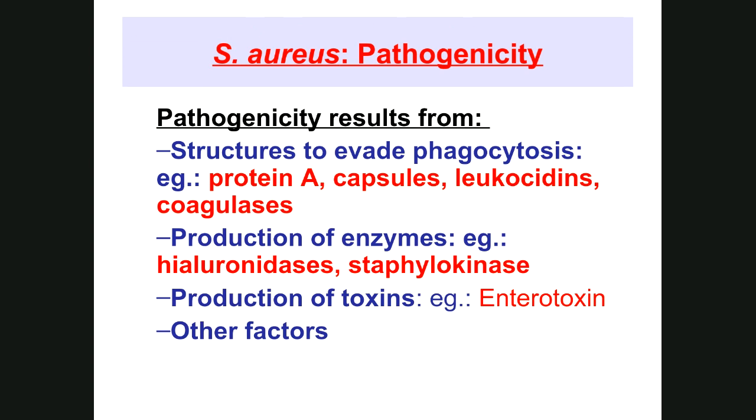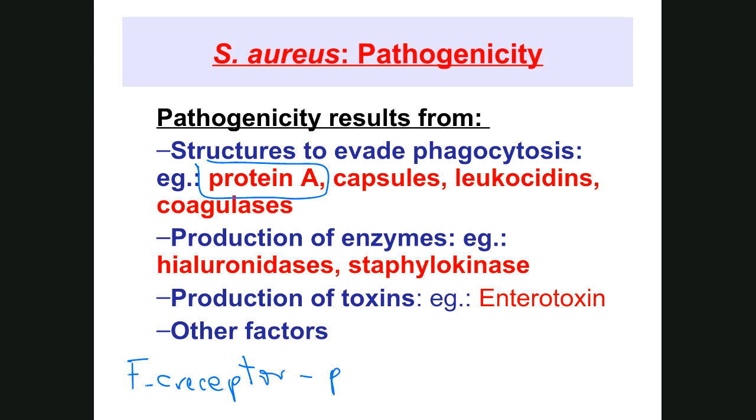So what you need to do is keep track of the pathogenic factors that these organisms have, the virulence factors. And a lot of these we have mentioned in chapter 16. Remember that Staph aureus has protein A, which we know from chapter 16 is an Fc receptor protein, which helps prevent opsonization.